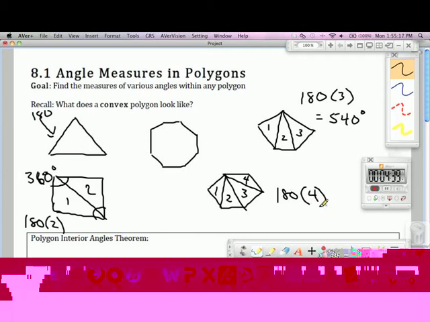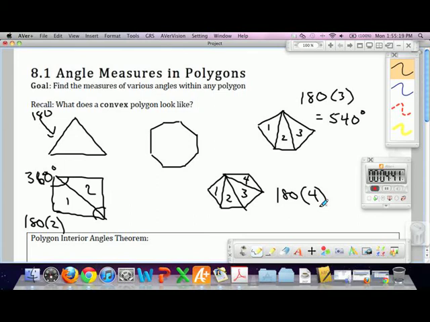How about an 8-sided figure? Without drawing triangles, anyone want to take a wild guess as to how many triangles I could draw? 10. How many triangles could I draw if there were 3 sides?